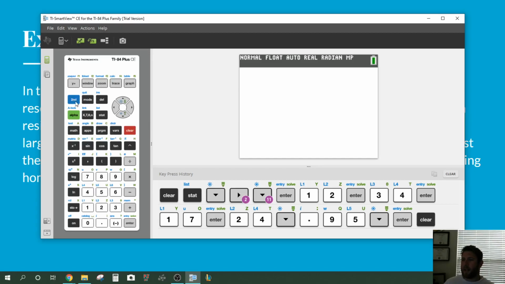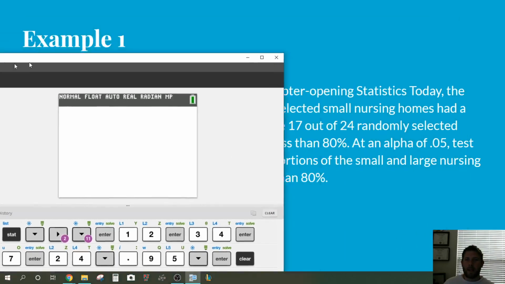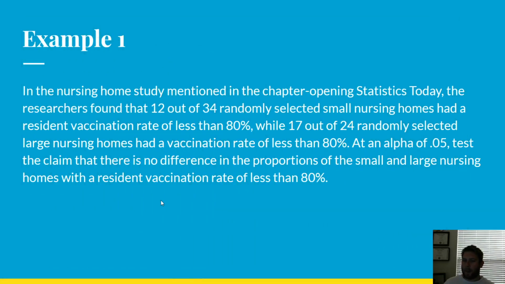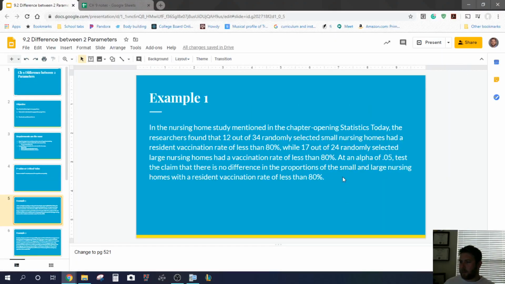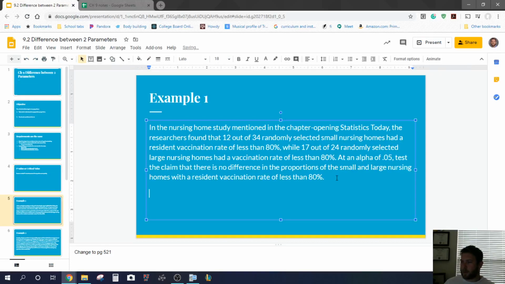So same idea. Our null hypothesis would be that P1 equals P2. Our alternative hypothesis in this case would be that P1 does not equal P2.